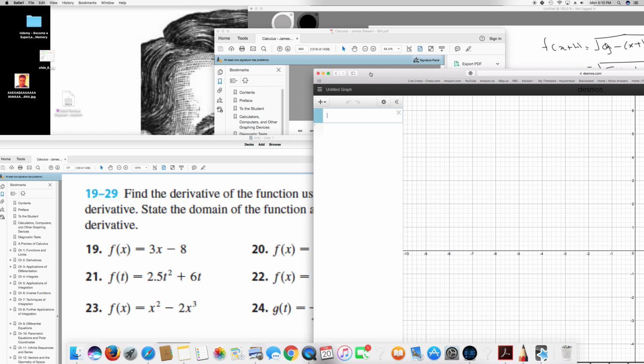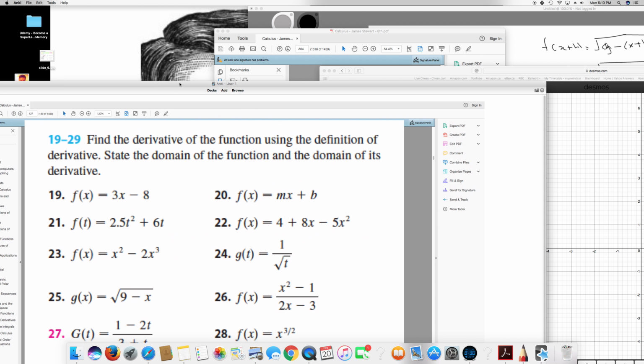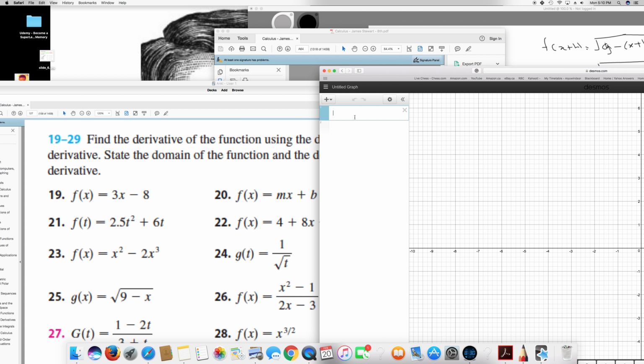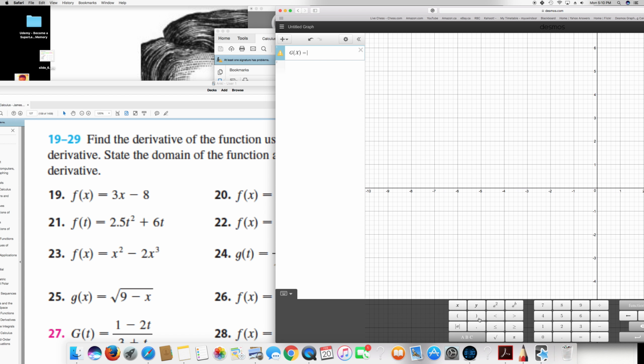So let's draw the graph for this one. The graph is g of x is equal to square root of 9 minus x, right?